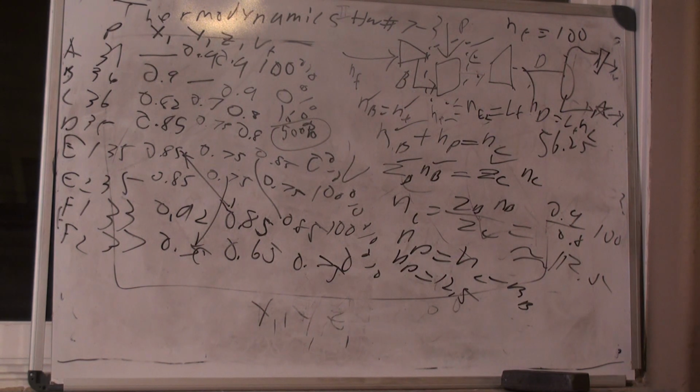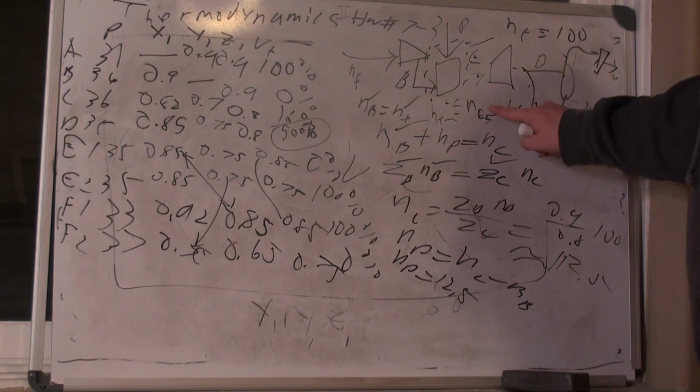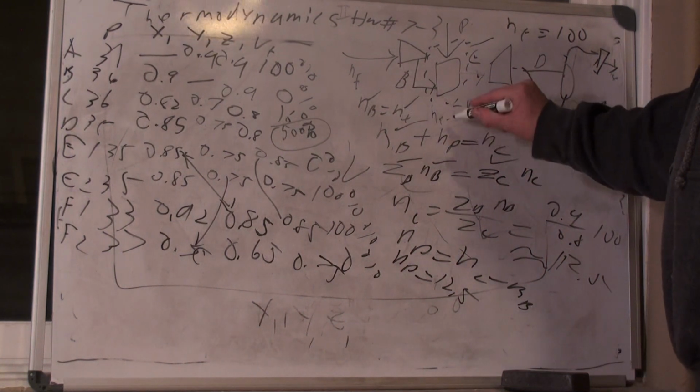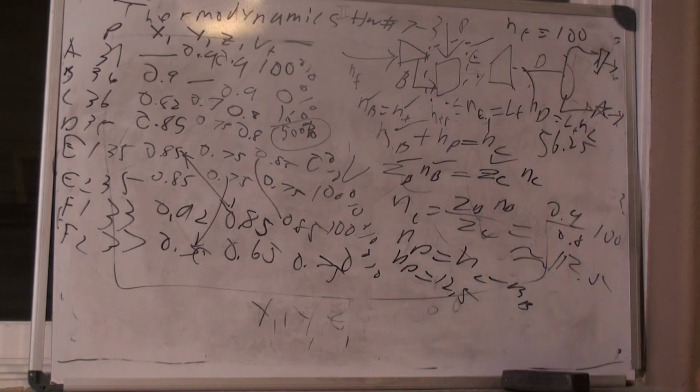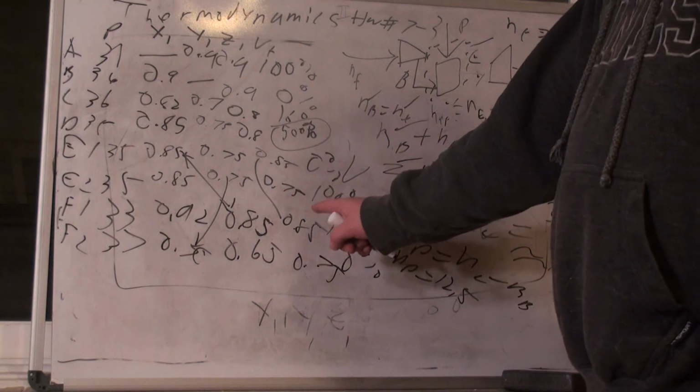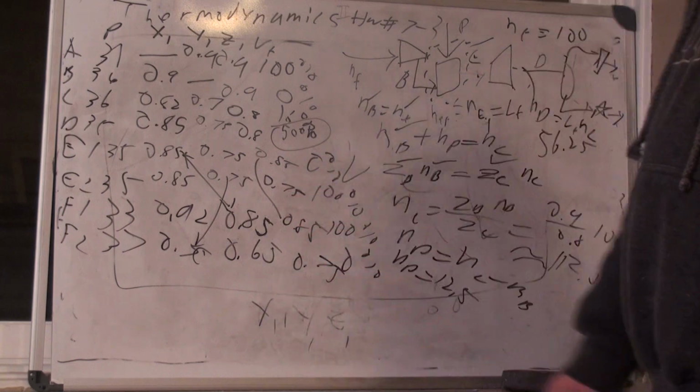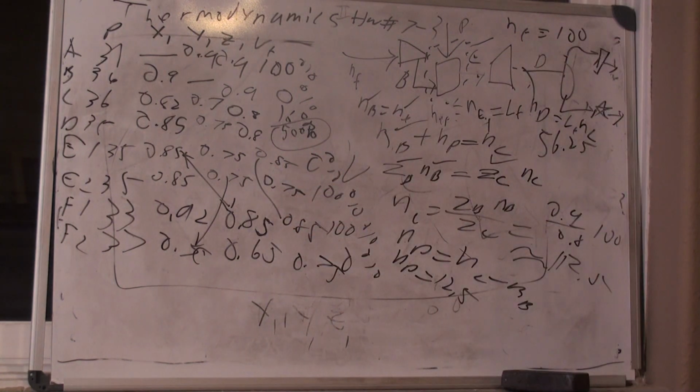And for the stream, we're looking at the liquid, which is F1. Oh, these are 1s, not 2s. So 1. Well, it says down here that E1 is 0.85. So 0.85 times that is how much is actually coming out.